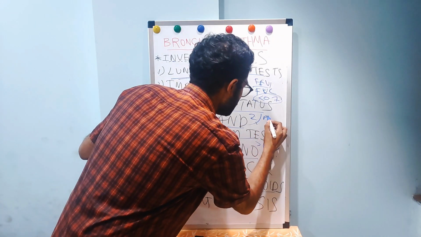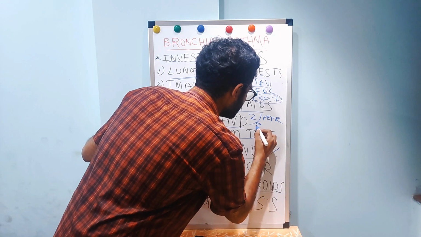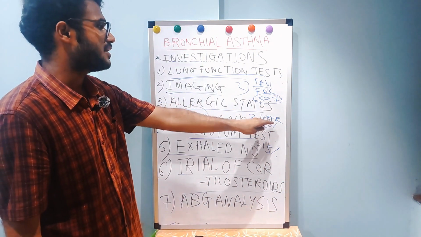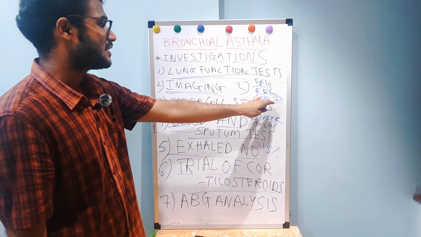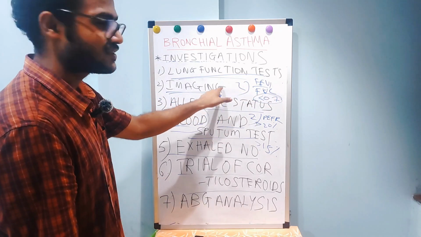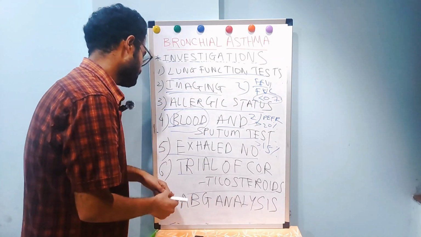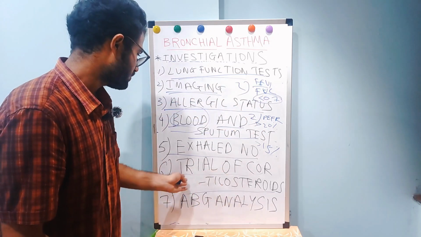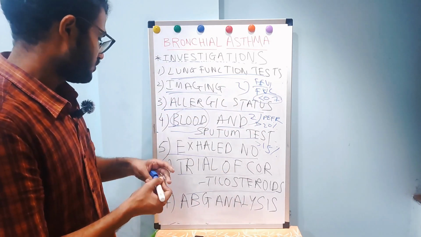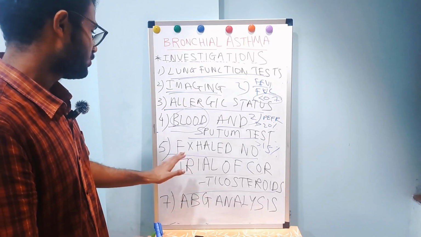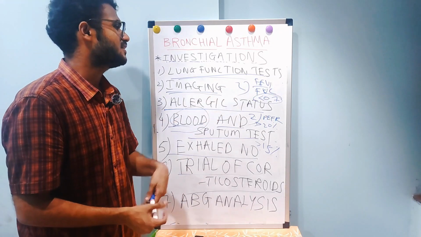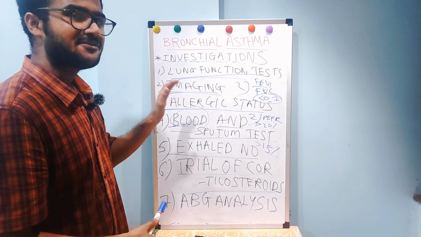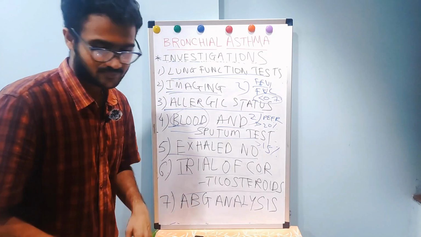I forgot to mention this in lung function test. So this is the condition. And so I was on the trial of corticosteroids: 30 mg prednisolone for 2 weeks, greater than 15% improvement, which indicates reversibility of obstruction.